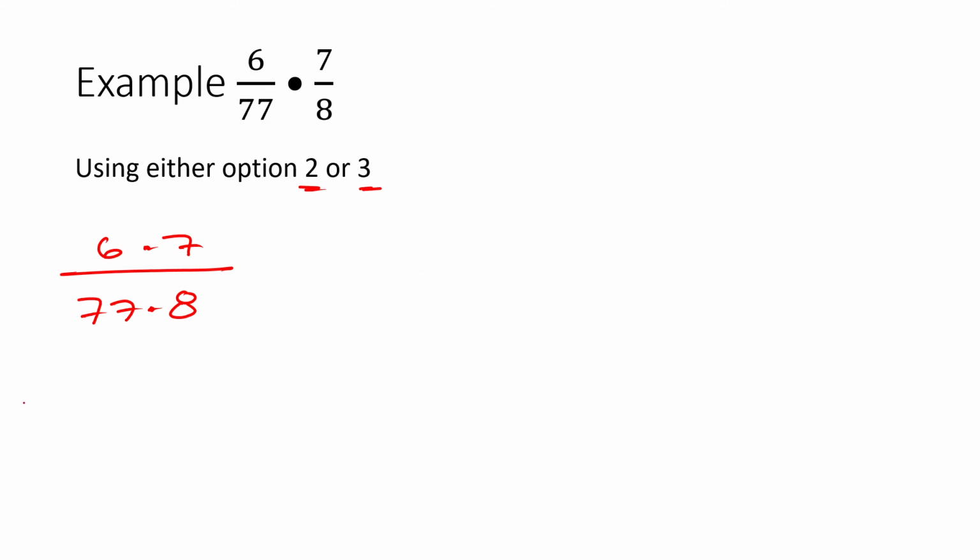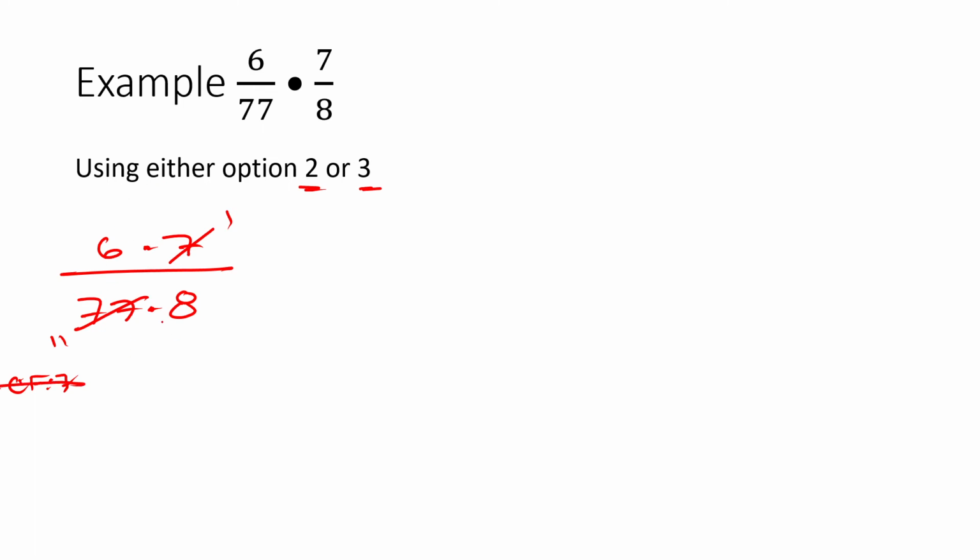So first, the most obvious numbers, 7 and 77, we can divide those two numbers by 7. 7 divided by 7 is 1. 77 divided by 7 is 11. Now it's done.